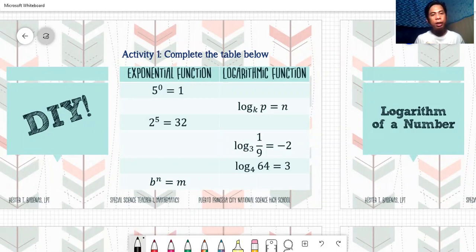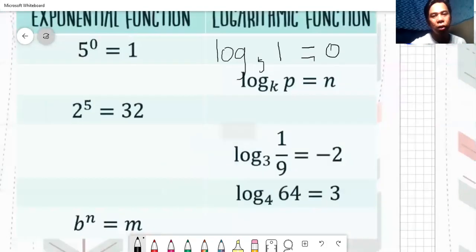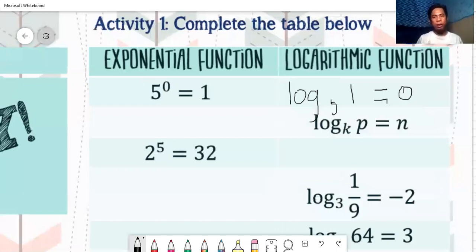We have 5 raised to 0 is equal to 1. So that will become the logarithm of 1 with a base, what's the base? 5 is equal to 0. Is that correct? That is correct.